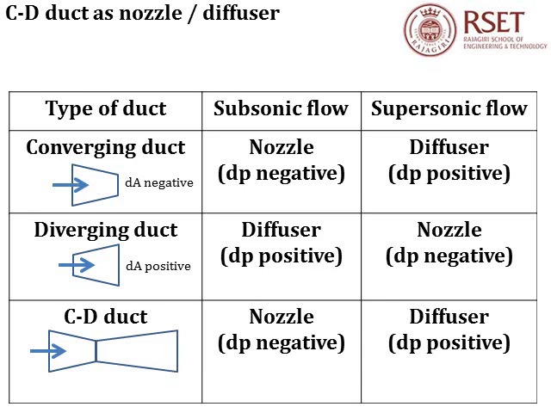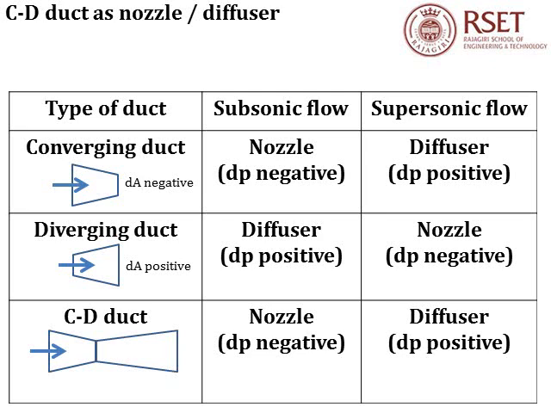A converging duct with subsonic flow when acts as a nozzle is referred to as a subsonic nozzle. A diverging duct with subsonic flow when acts as a diffuser is referred to as a subsonic diffuser. A CD duct with subsonic flow at the inlet and supersonic flow at the exit when acts as a nozzle is referred to as a supersonic nozzle.